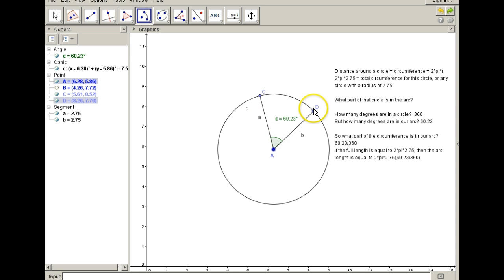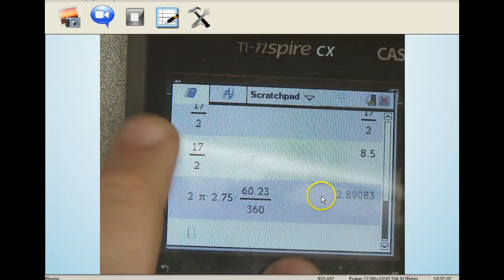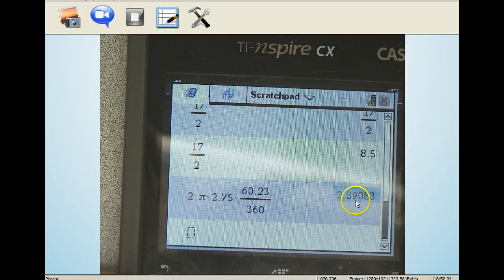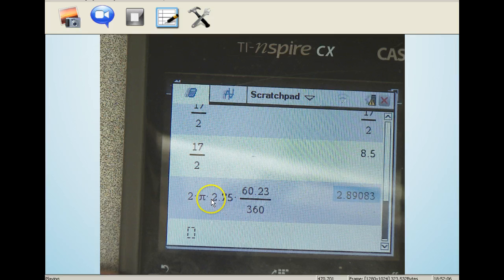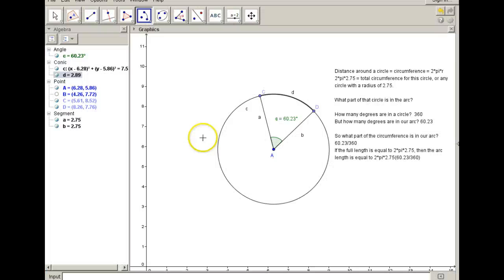1, there's the center. Here are the points on the circle that represent the arc. So arc D, we have over here, it's 2.89 in length, which is exactly what we'd calculated, 2.89, and then of course 0.83. We have to round because we have pi involved here. We don't have exact numbers. Pi is a little bit irrational, as you might remember.